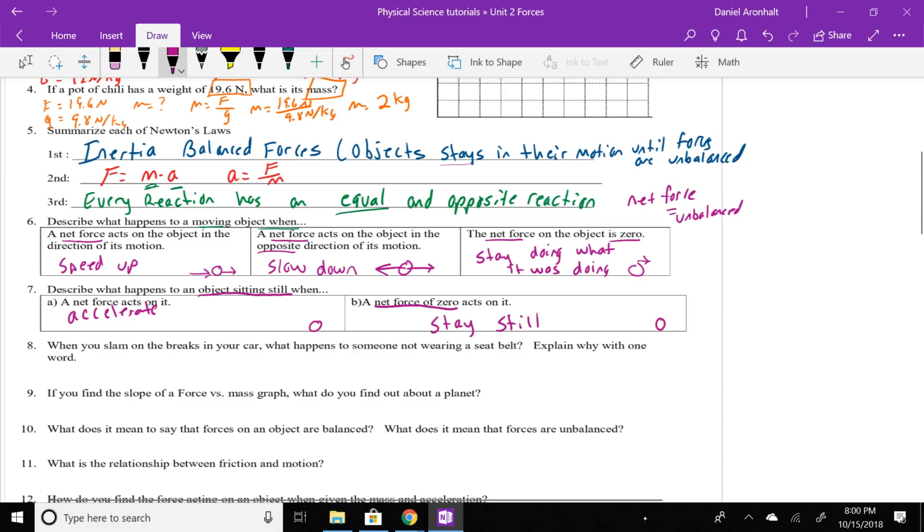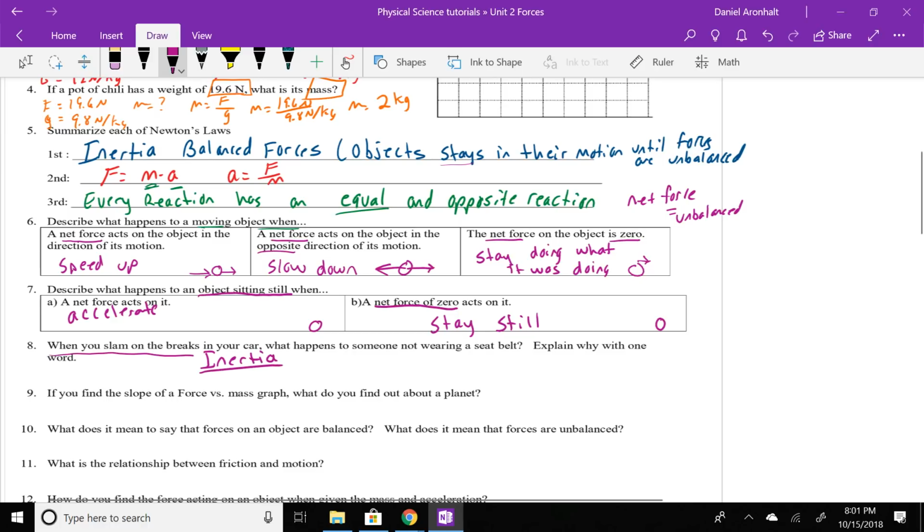Number 8, when you slam on the brakes in your car, what happens to someone not wearing a seatbelt? Explain with one word. What's the phrase that sums up Newton's first law? The answer is inertia.